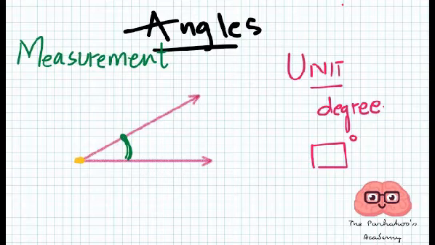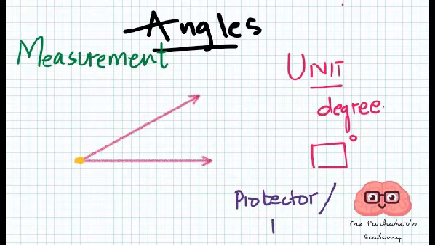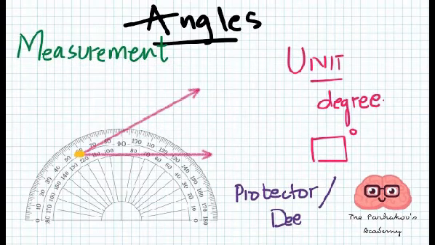For example, if this angle is 30 degrees, I will put a small o, which is basically degree. So 30 degrees. Now to measure it, we use a tool which is known as a protractor, or we can also name it as D. So this is how D looks like.